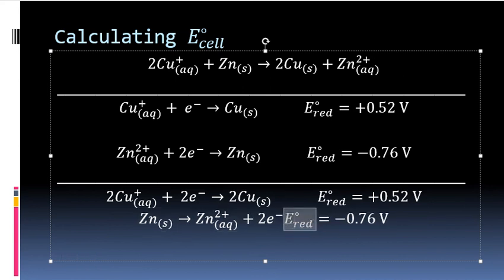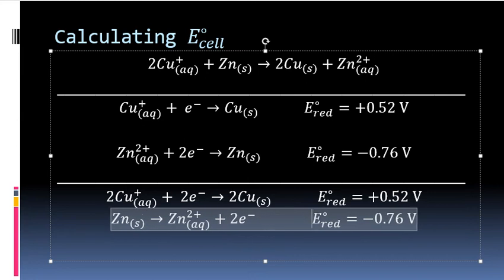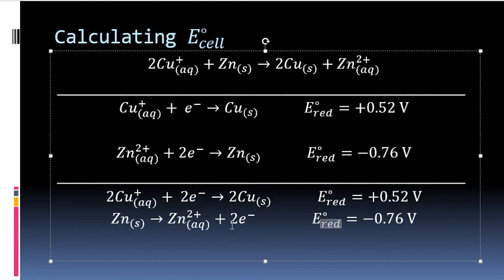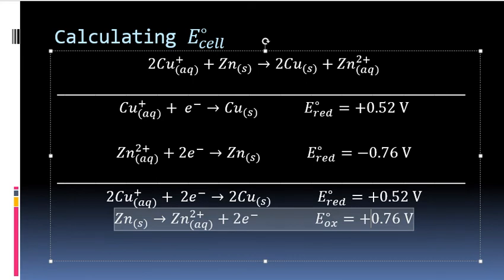So to better represent this equation, I'm going to rewrite the standard half reaction potential for the zinc half reaction as an oxidation potential. The difference between a reduction and oxidation, or if you flip a half reaction around, merely flips the sign of the voltage or the potential.